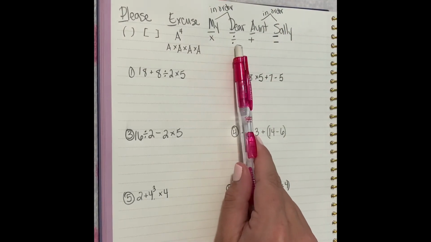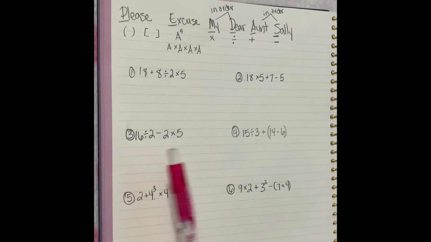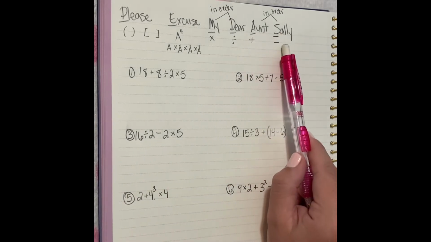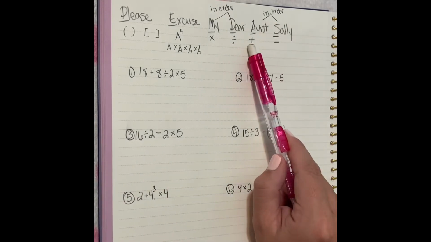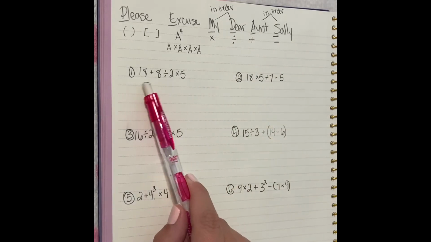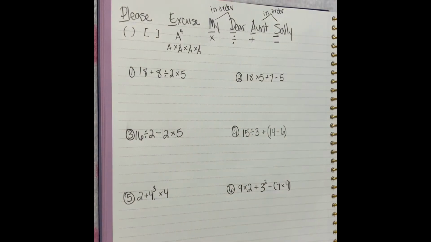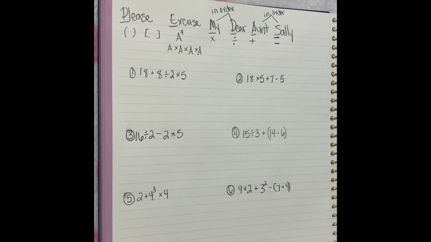If division comes first in the problem, like we see here, then we're going to divide first. Same thing over here with addition and subtraction. You'll do these in the order that they occur. And remember, we always read our problems from left to right, just like if we're reading a book.